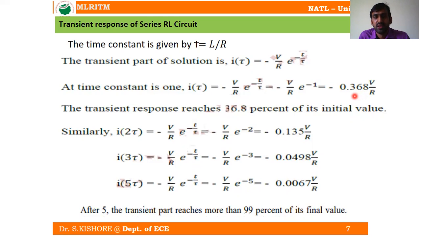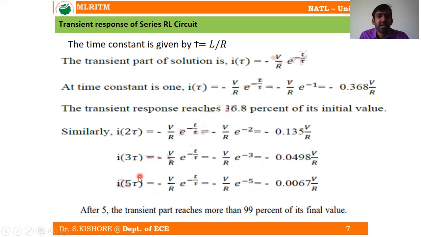Similarly, if you go for the second instance, that is at 2 tau, we have e power minus 2, so we are going to have 0.135 V by R. Right? So it is going to reduce accordingly.